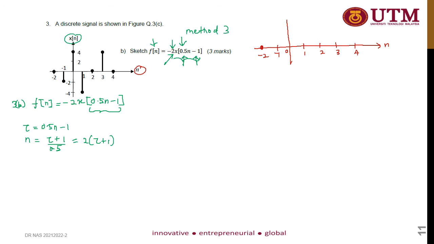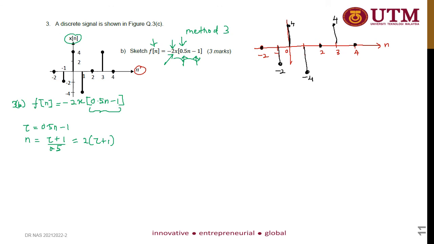Right, so for the given signal, at 2 it is 0, and then at 1 it's -2, and then it's 4 at 0, and then it's -4 at 1, and then 0 again, and then +4 again, and 0 again.